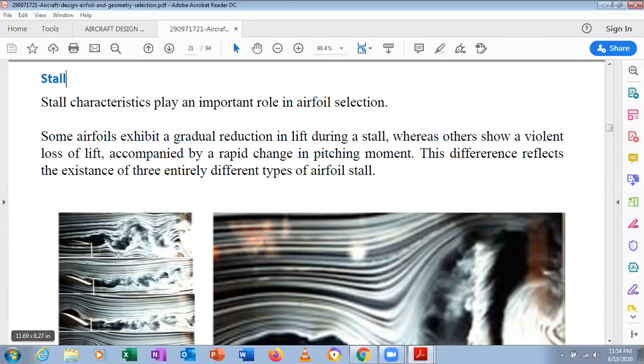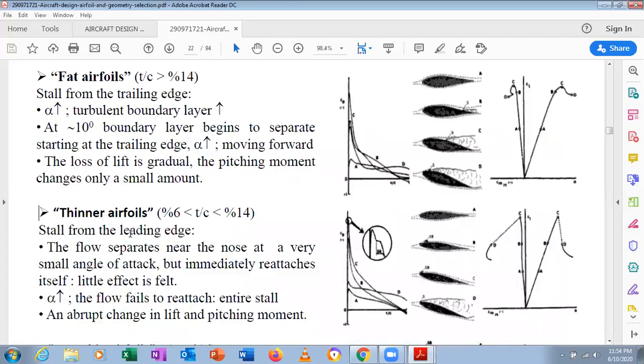This is called flow visualization techniques. Mainly for subsonic, in a wind tunnel, we'll do the smoke flow visualization technique. We'll put in smoke, and by that we can see where the flow separation is occurring. That is called flow visualization. To check the flow over the airfoil, the technique is called flow visualization.